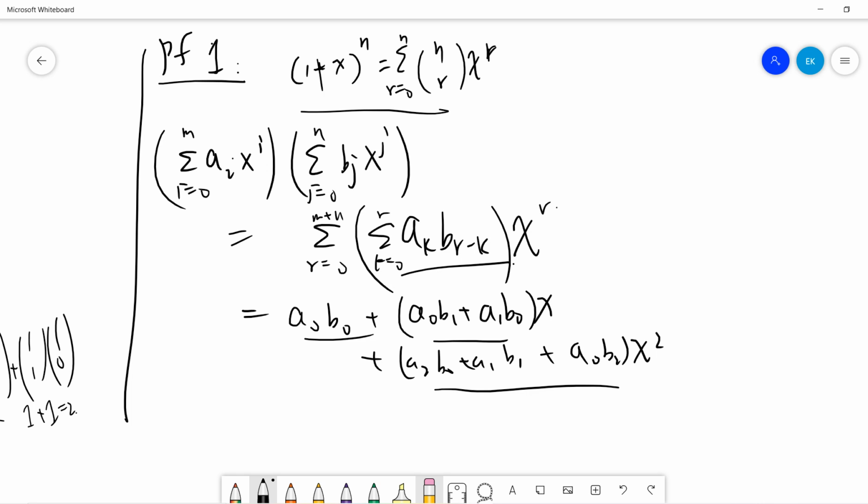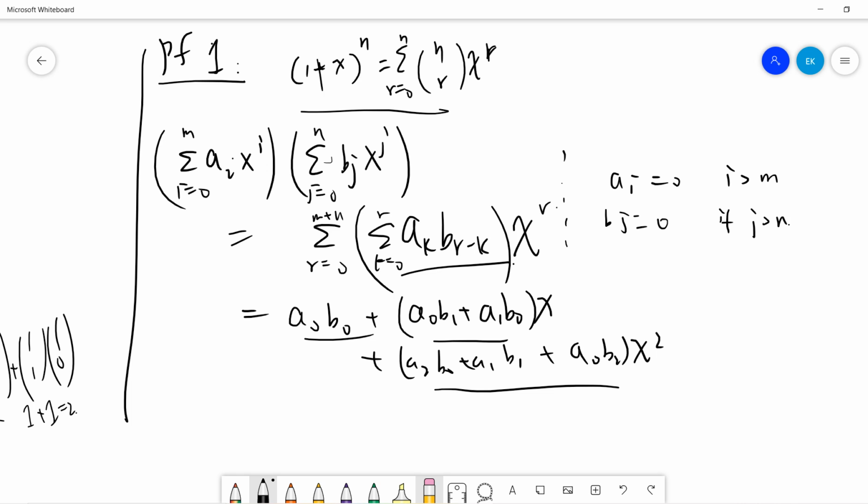There's a convention that a_i is 0 if i is larger than m, and b_j is 0 if j is larger than n, because that means the coefficient doesn't exist, so we can just replace it by 0.